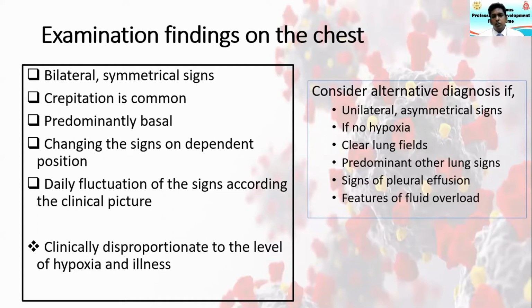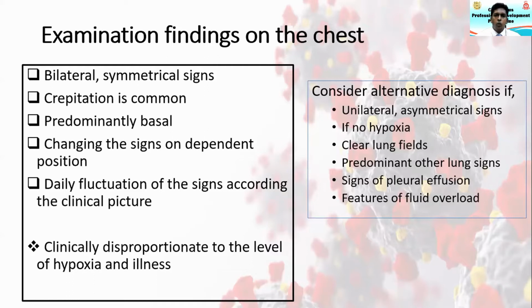When you compare to other diseases, these signs are clinically disproportionate to the level of hypoxia. For example, in a heart failure patient, or any other disease, when the patient has low saturation, at least half of the lung is involved, and you will see widespread lung signs.